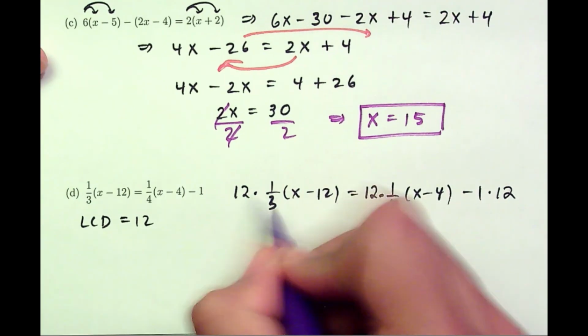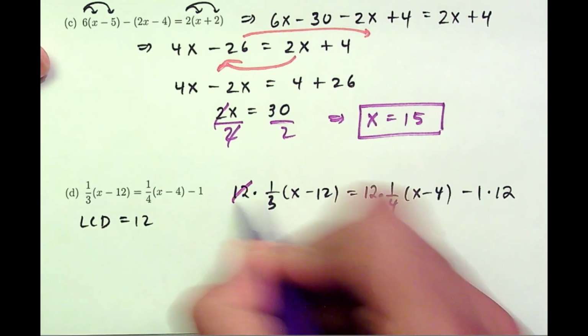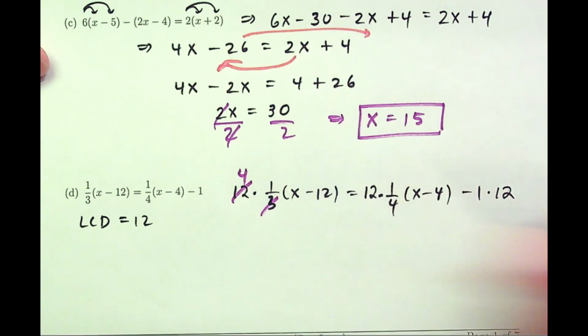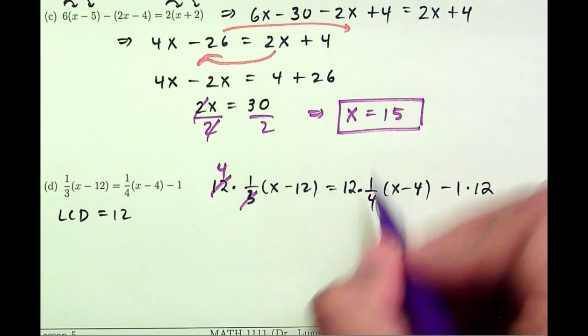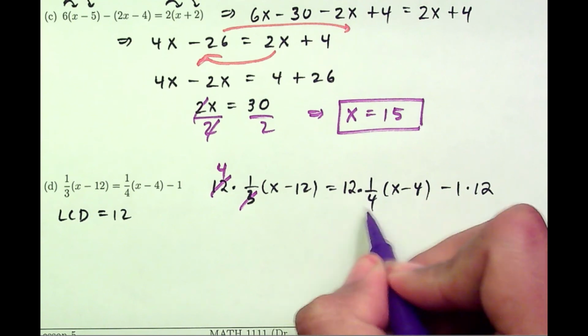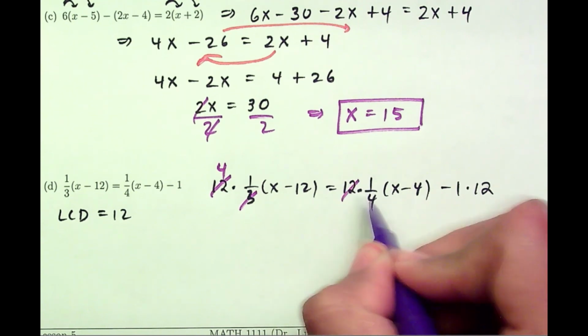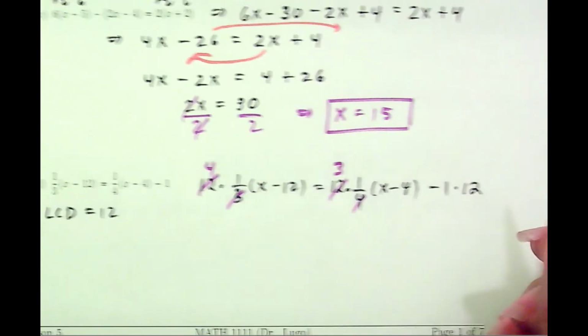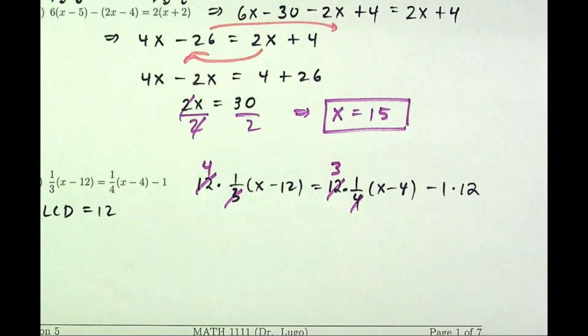So canceling a 3 from here, you're going to get a 4. Canceling this 4 from here, for 12 divided by 4, you're going to get 3. And that's it. So what are you left with?